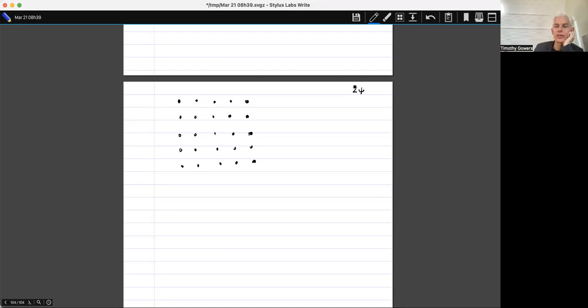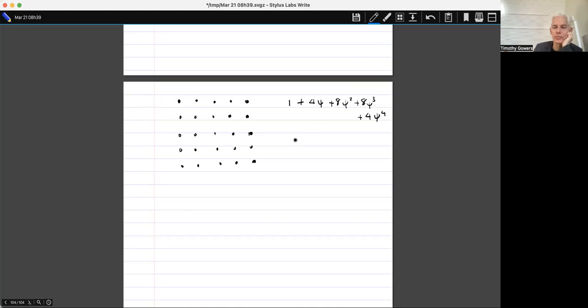So how much does the invariant have to come down by? Let's just do that calculation once more. It's 1 plus 4 psi plus 8 psi squared plus 8 psi cubed plus 4 psi to the fourth.